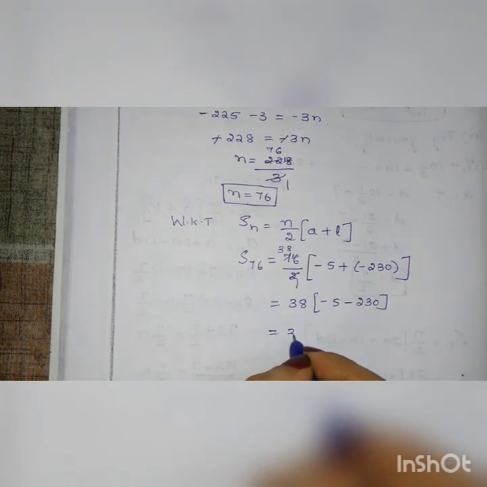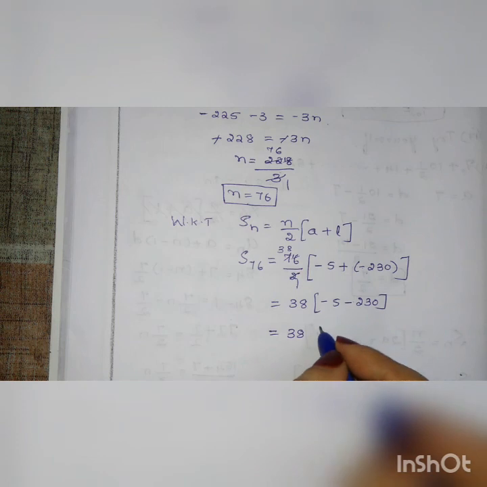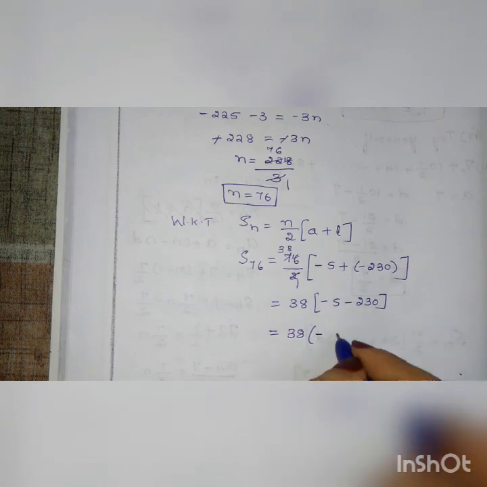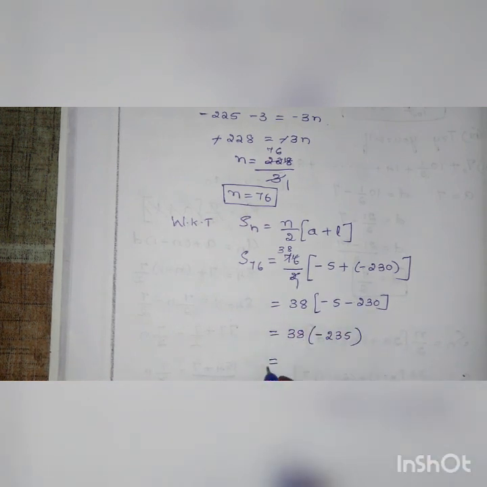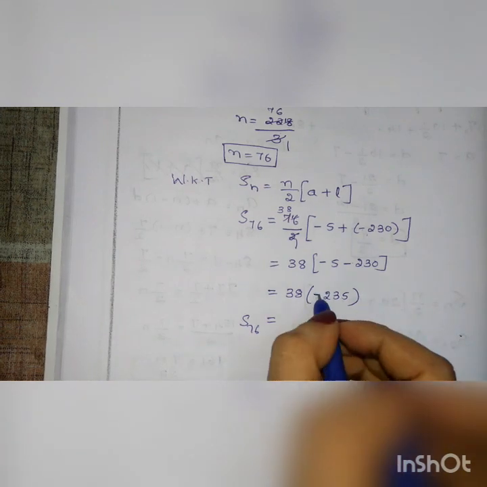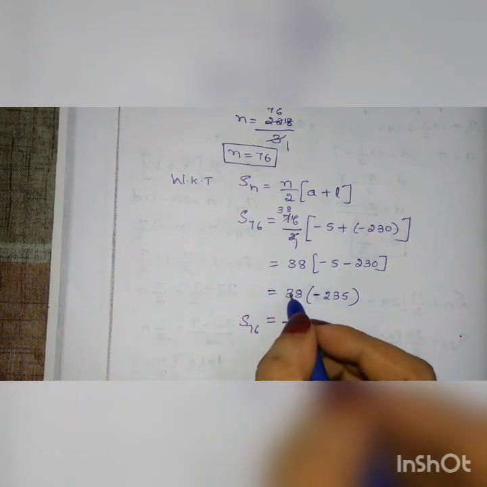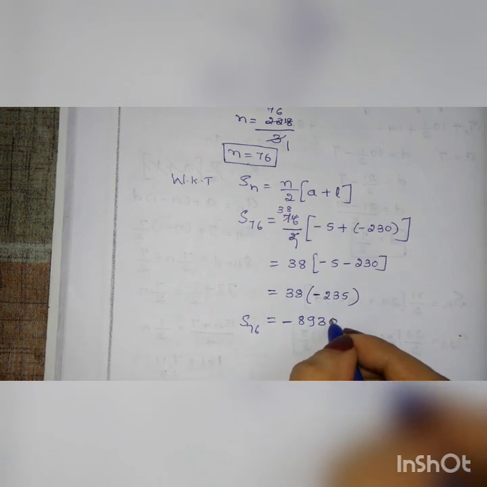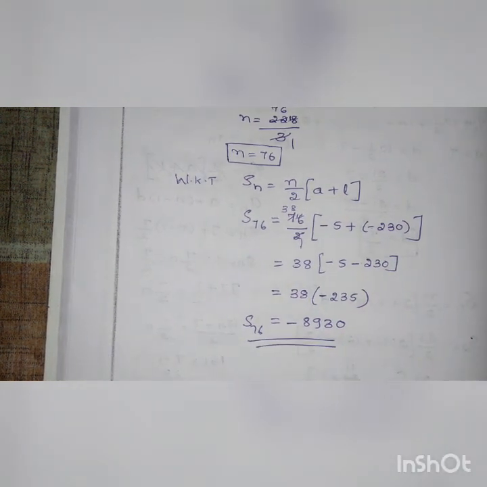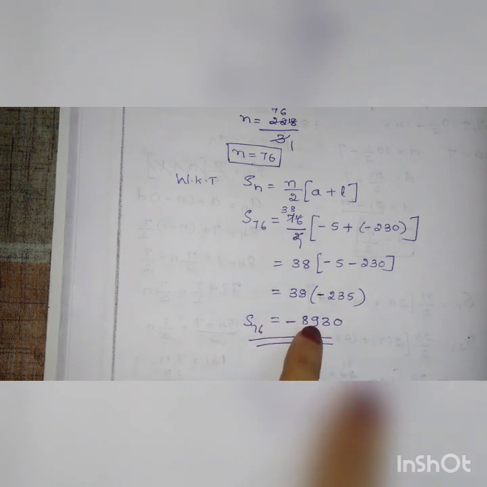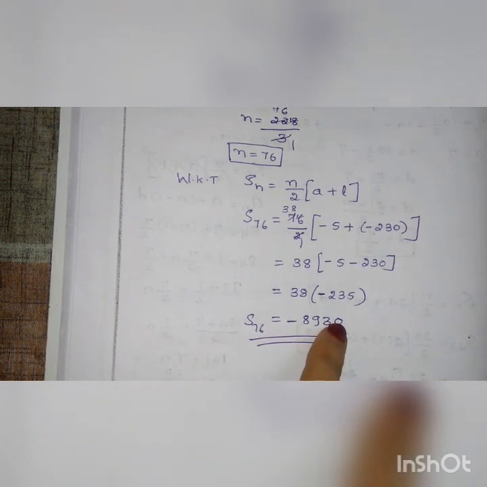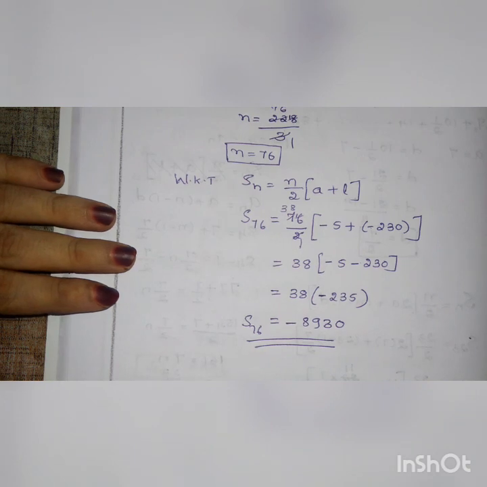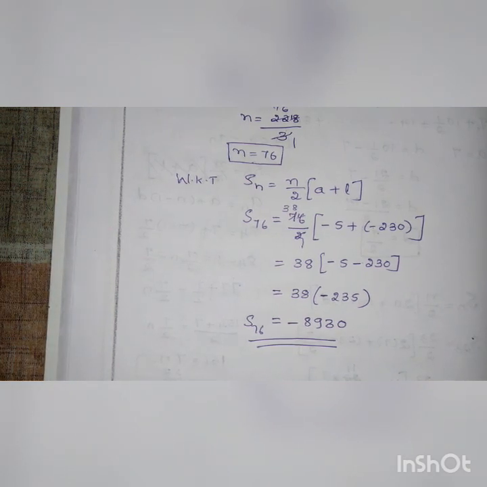So 38 as it is, minus minus is plus, -235. -235 into multiply we have to do, plus into minus is minus. 235 into 38 is 8930. So our S76 is -8930. In my next class I'm going to continue with the third main.